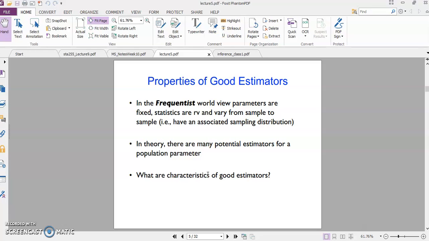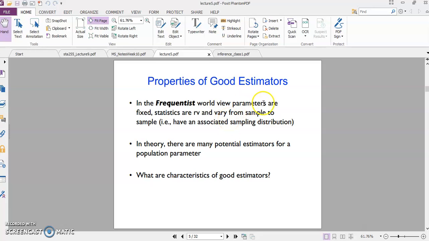In the frequentist world, individual values do not help a statistician; only a group of values helps a statistician. That is what is called frequentist. In this worldview, parameters are fixed. Statistics are random variables and vary from sample to sample.